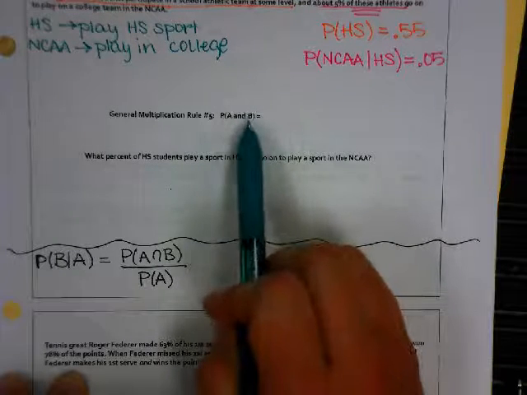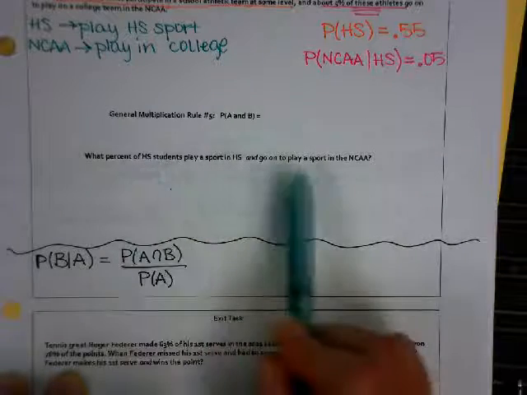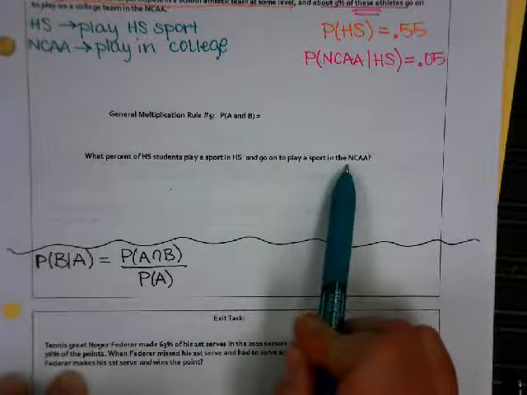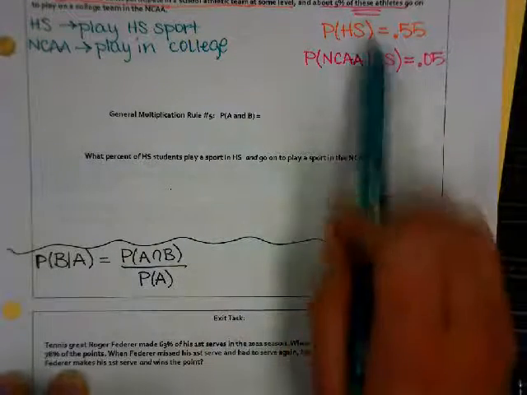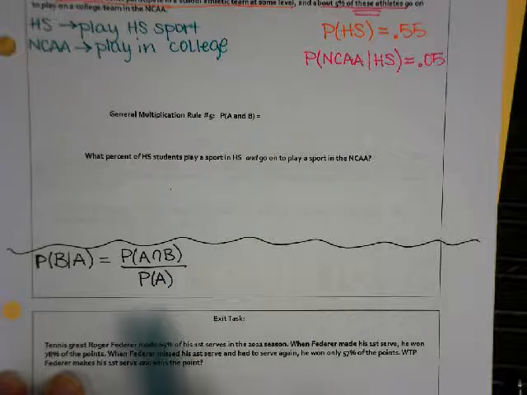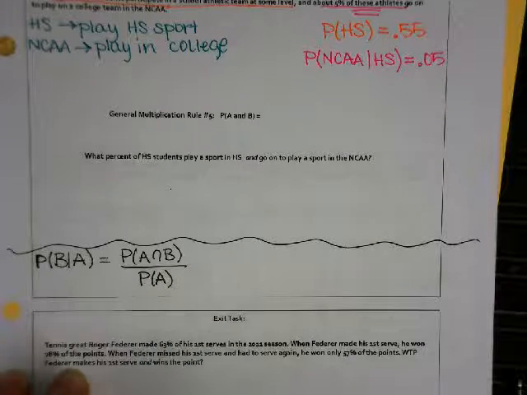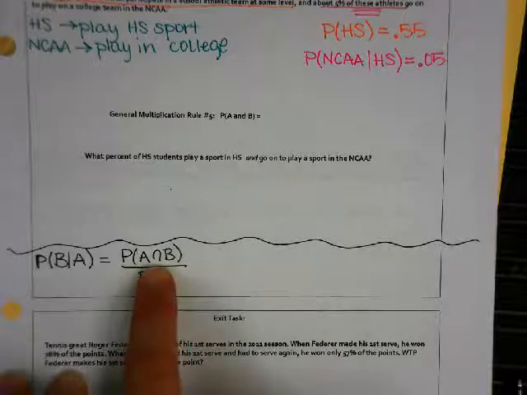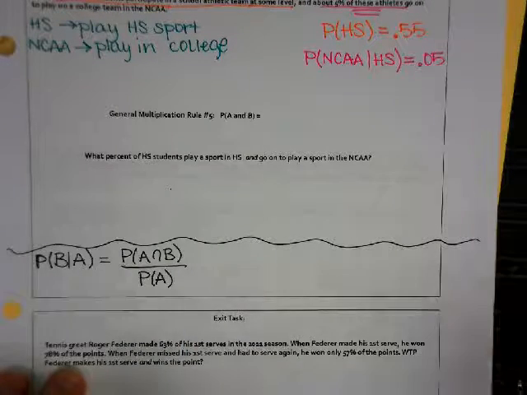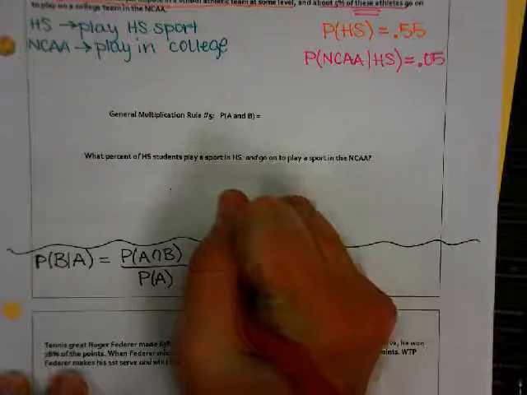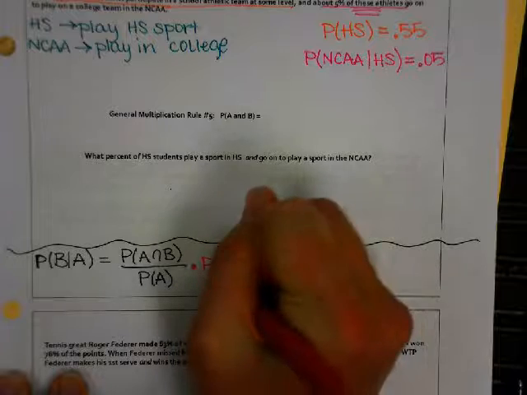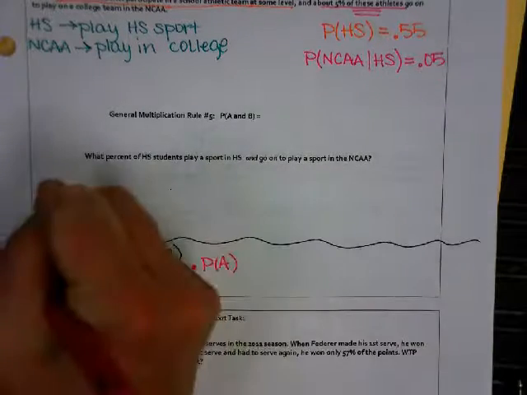So I have all 3 parts, just not in the form I showed you yesterday. So we can use a little bit of algebra to help us solve for the probability of A and B. So I would multiply by the probability of A on both sides to get the probability of A and B by itself.